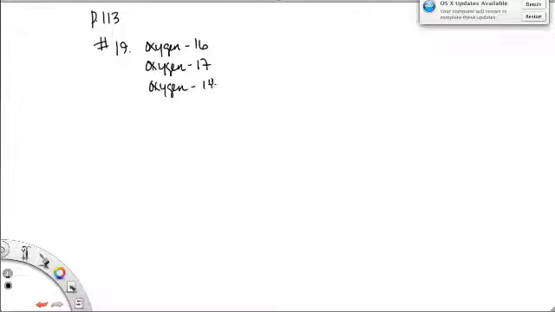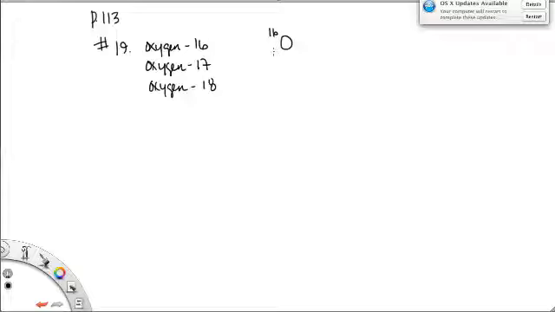Continuing with isotopes, on page 113 of our text, number 19, we want to write the symbol for the following isotopes: oxygen 16, oxygen 17, and oxygen 18. So we're using atomic shorthand here. We're referring to the mass number here, so the mass number becomes the superscript.